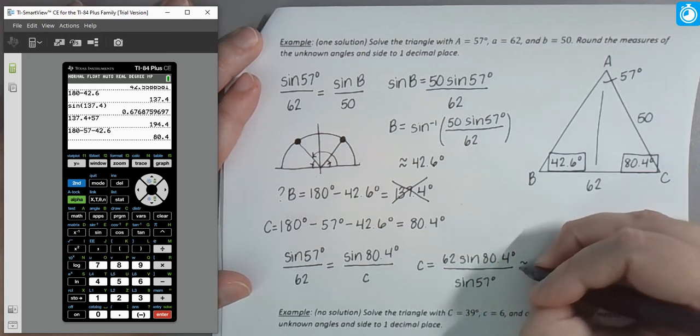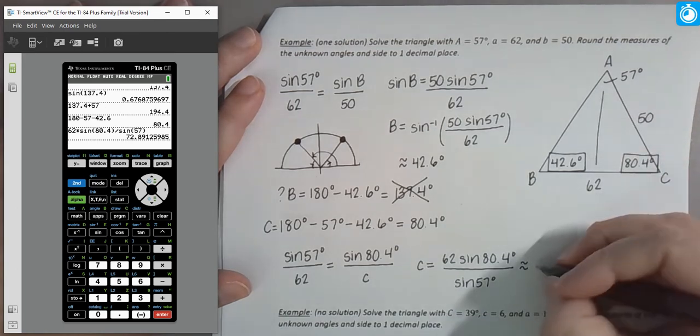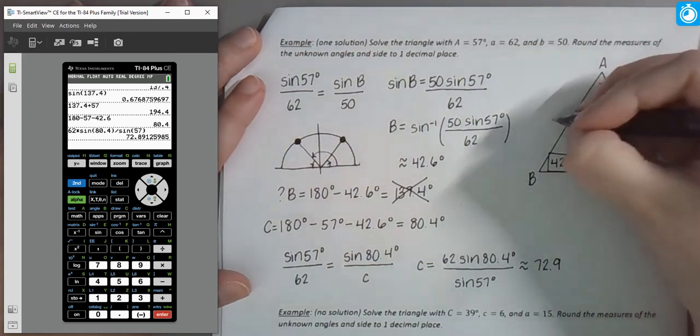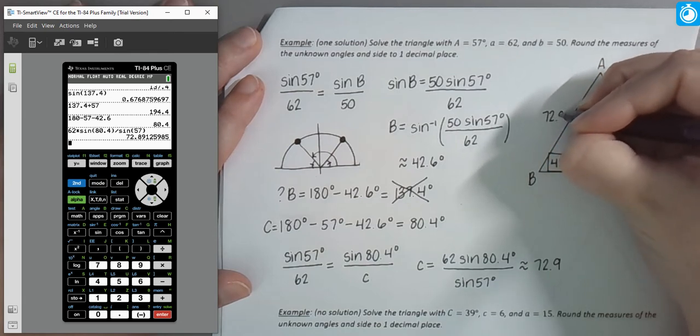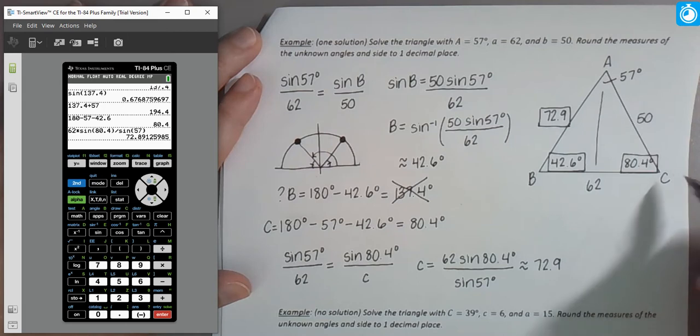And whatever that is, side C. And to one decimal place, approximately 72.9 units. So little c, approximately 72.9 units. And as we expect, largest angle, opposite side is also the largest.